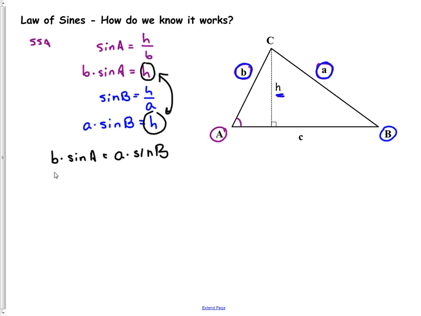If I were to divide both sides by A and then by B, I would be able to rewrite this expression and I would find that the sine of angle A divided by side A is equal to the sine of angle B divided by its opposite side length B. And, well, there we go. That is the law of sines.